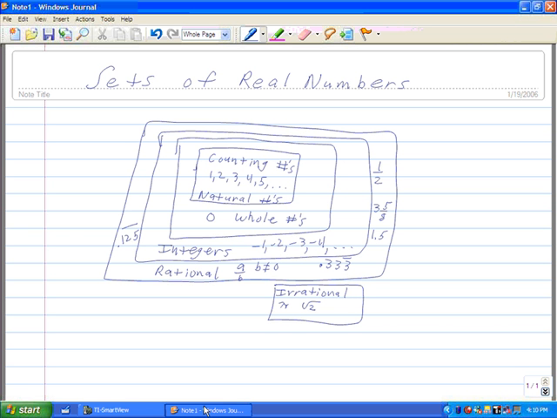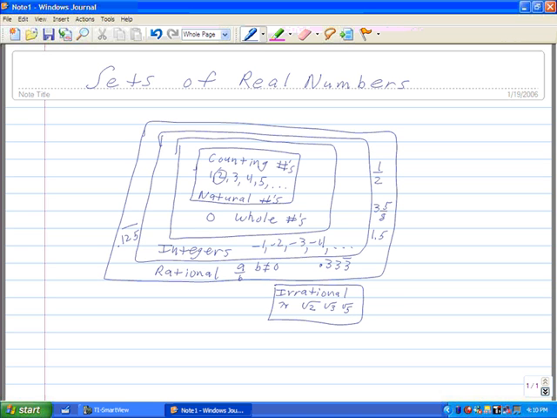So irrational numbers are easy to list. We would have, say, square root of 2. We could say square root of 3. But we wouldn't want to say square root of 4 because we know square root of 4 to be 2, and 2 is already listed up here in our natural numbers. So the next one we could list would be perhaps square root of 5, and we can go on from there, avoiding our perfect squares.